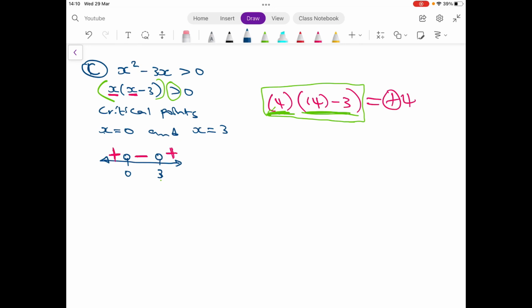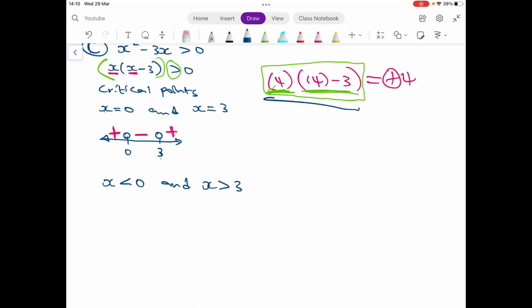So let's now write this in inequality notation. That is a region where x is less than 0 and x is greater than 3. You can see that's where this product is actually positive.